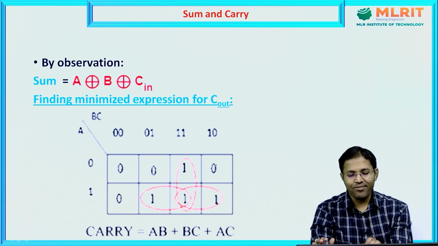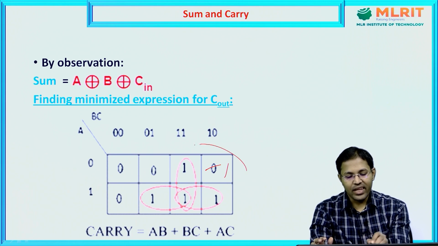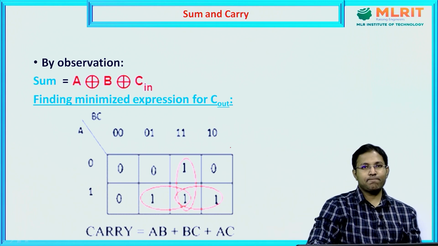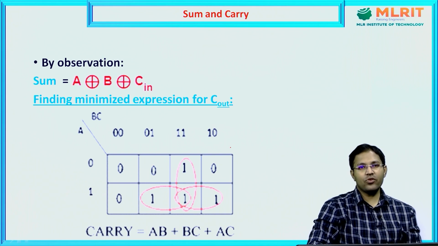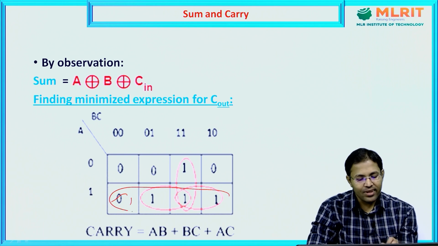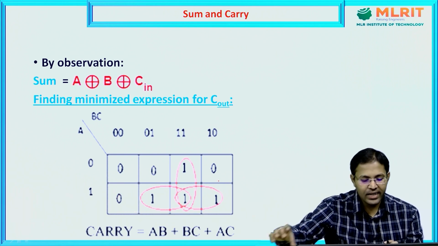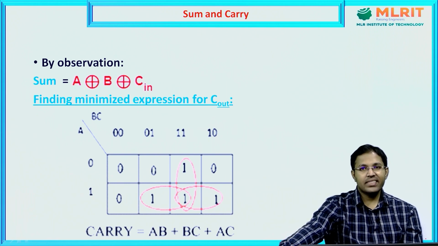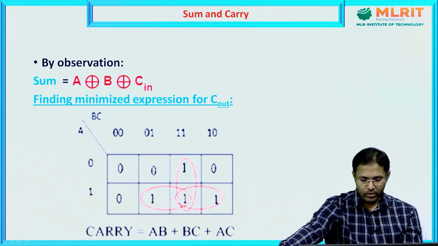Suppose if this was a 1, then 4 ones was possible, but that is not the case. Okay, 4 ones is also not possible. Suppose you had a 1 here, then 4 ones would have been possible, but that is not the case. So by looking at it, I see that 4 ones are not possible.